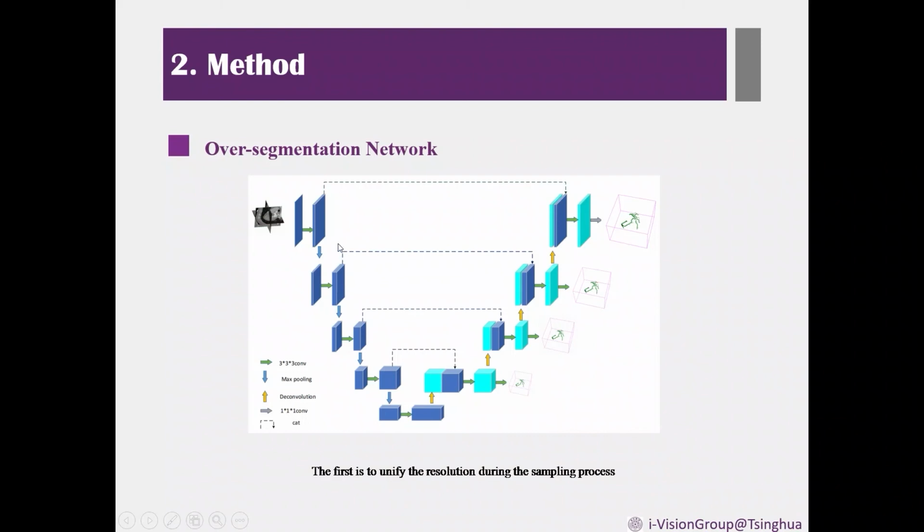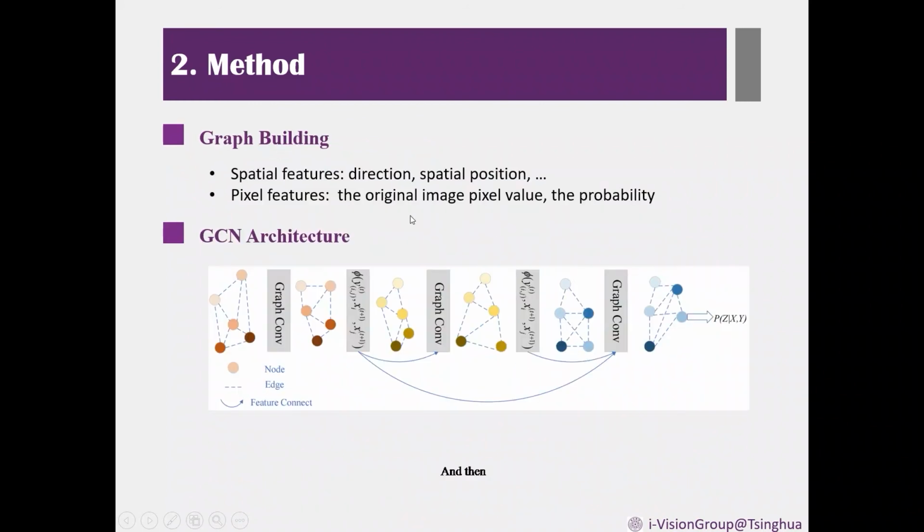The first is to unify the resolution during the sampling process. Secondly, in order to improve the performance of the network, loss is added for separation in each step of our sampling. And then, the over-segmentation results can be refined to centerline images with noise and fracture, the points of which will be built into graphs.